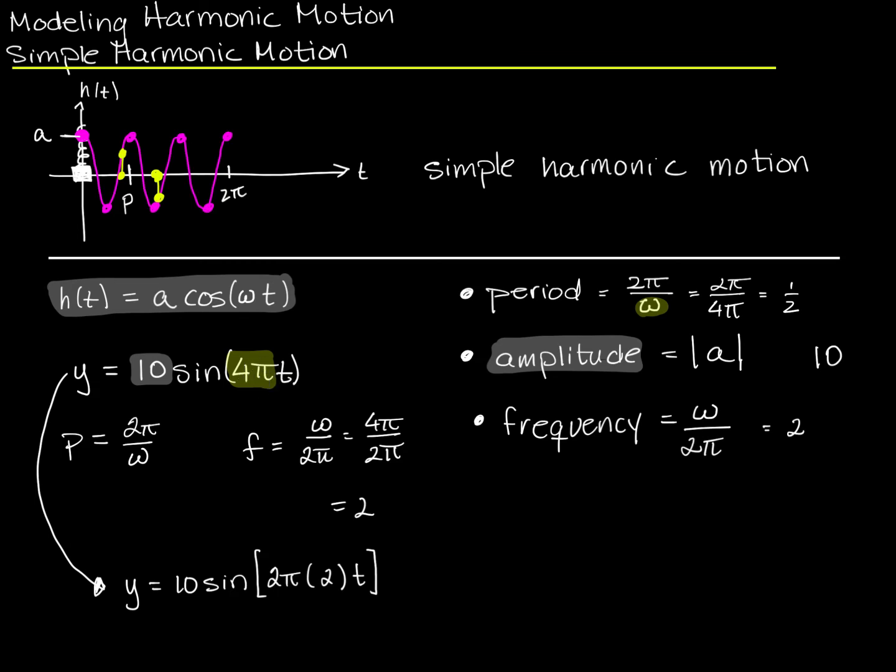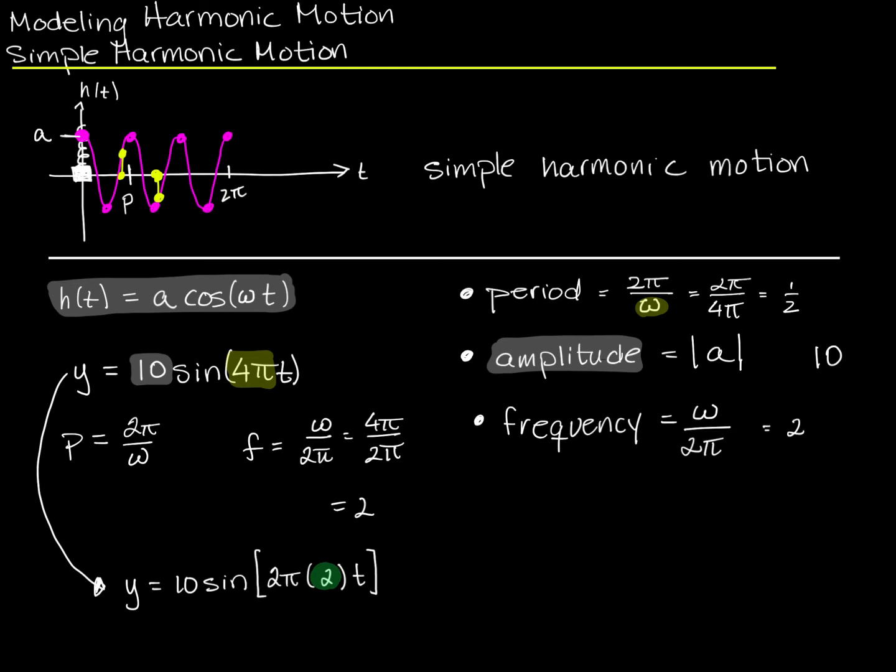I haven't changed the value of what's inside the parentheses here. But I factored this 2 pi out because it plays such a prevalent role in the period and the frequency. If I factor the 2 pi out, what's left is the frequency. So if I factor out 2 pi, then this is my frequency.